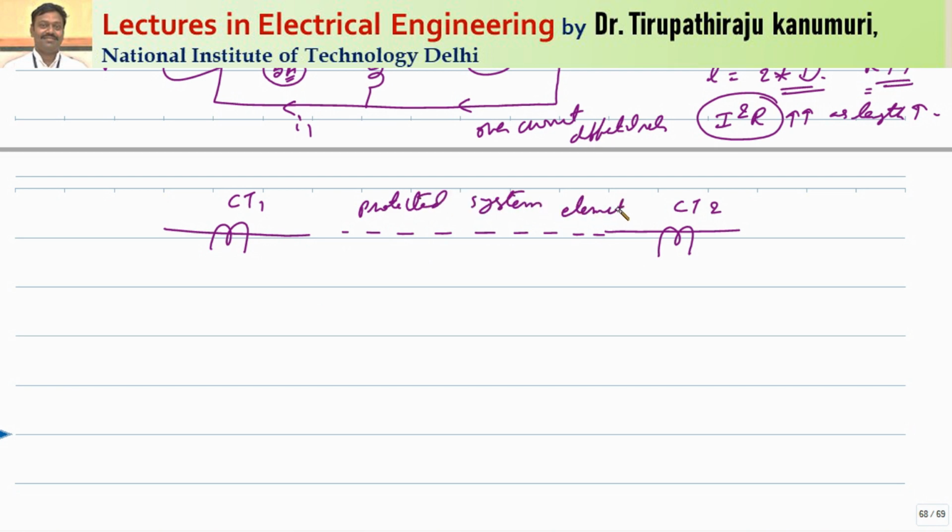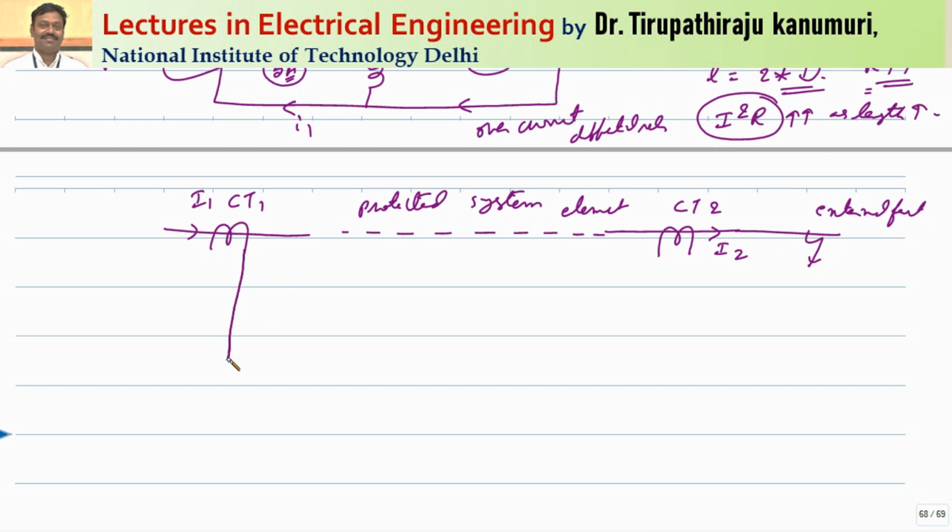The connections are made in such a way that, let us assume the current under normal conditions or under external fault conditions, this is my current I2, and there is a fault here, an external fault. On the secondary side, no current should circulate. That means they are connected in series opposition.